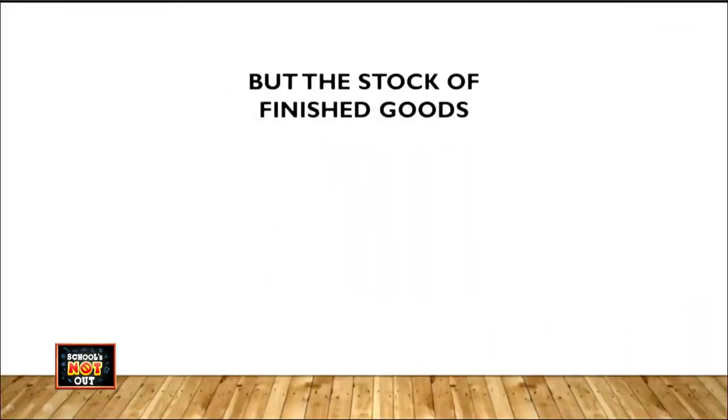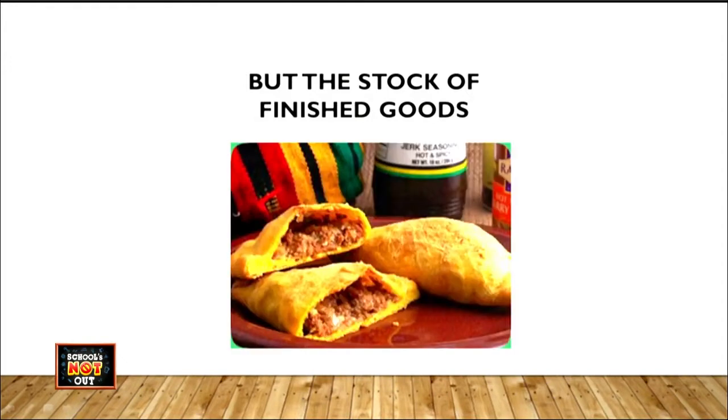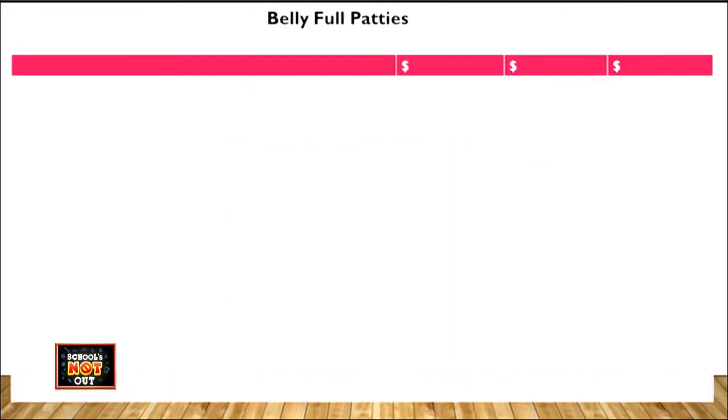That's raw material. Neither will we be focusing on the stock of work in progress. What we will be focusing on is the stock of finished goods. Yes, delicious patty, finished, ready to bite into.